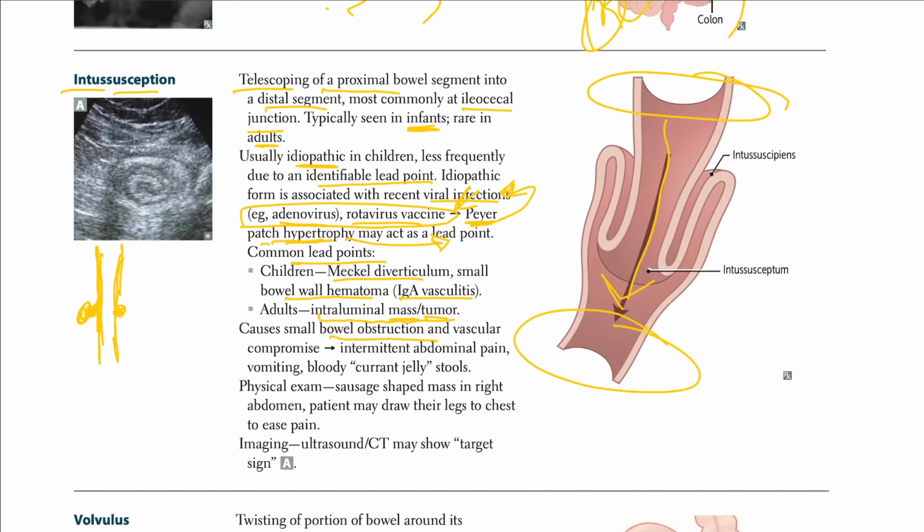You're basically obstructing the small bowel, with vascular compromise, which leads to intermittent abdominal pain, vomiting, and bloody currant jelly stools. Very important: currant jelly stools.